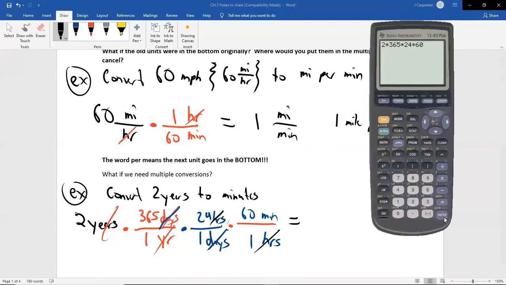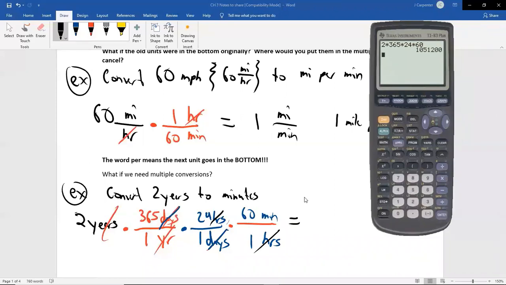Now, before I hit enter, you should be asking yourself, what type of answer do you anticipate? Do you anticipate a big answer or a small one? Going from years to minutes, there's a whole boatload of minutes in a year, and we've got 2 years. So this better be a big answer, and it is.